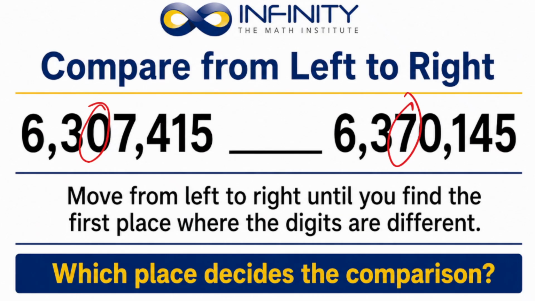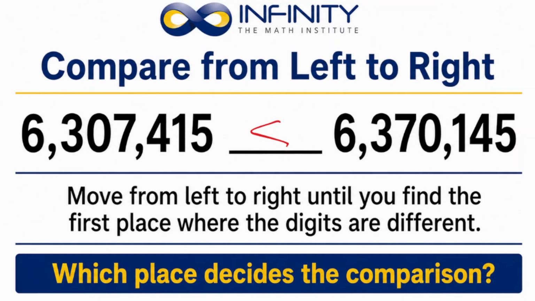Therefore, the 0 is less than 7. So now we know that 6,307,415 is less than 6,370,145.